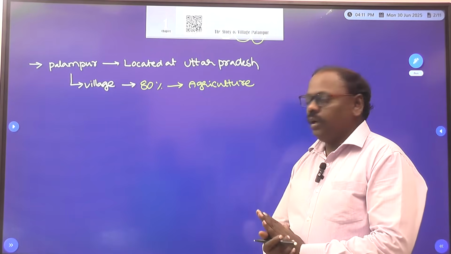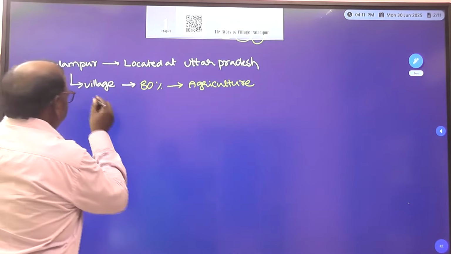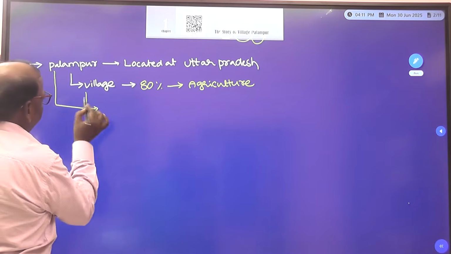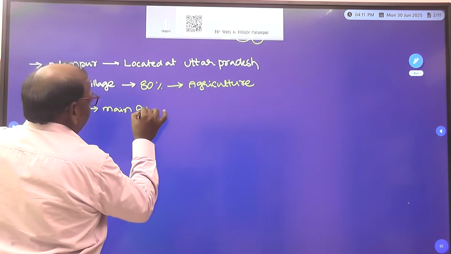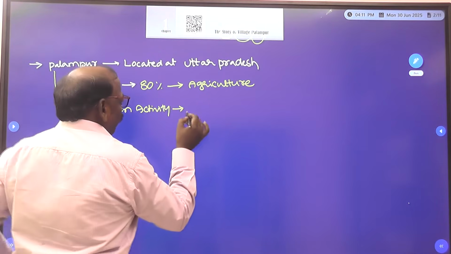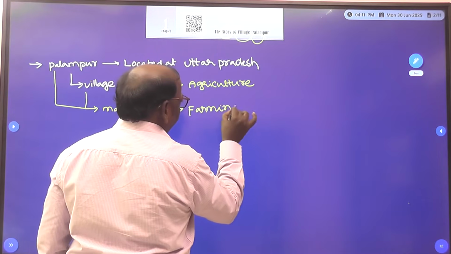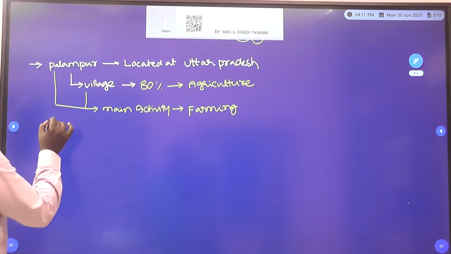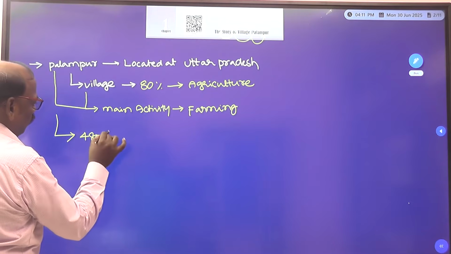What is the main activity of Palampur village? The main activity is nothing but farming. In this village, there are 480 families.